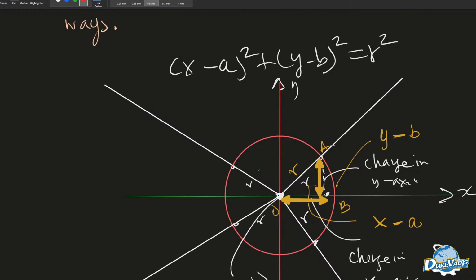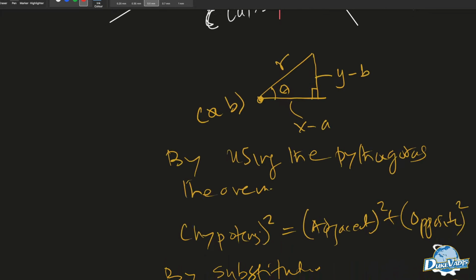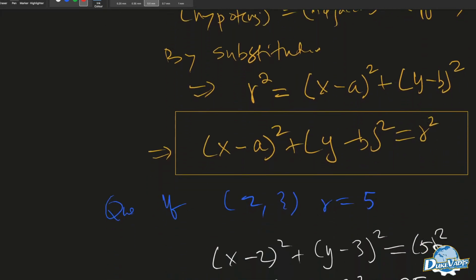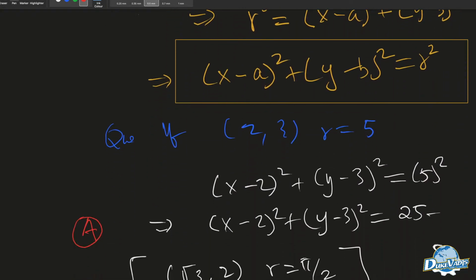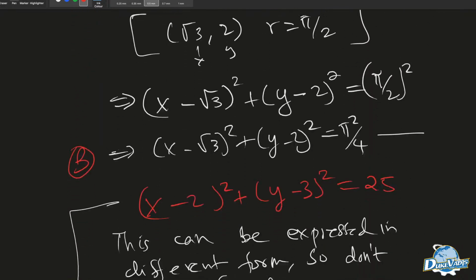If you want a solid grip in mathematics, you must always understand the first principle, how to derive the equation. That will give you a grounding to handle any equation at all. We have this Pythagoras theorem, and if we are given a question with center (2, 3) and r equal to 5, we will be able to get the equation.